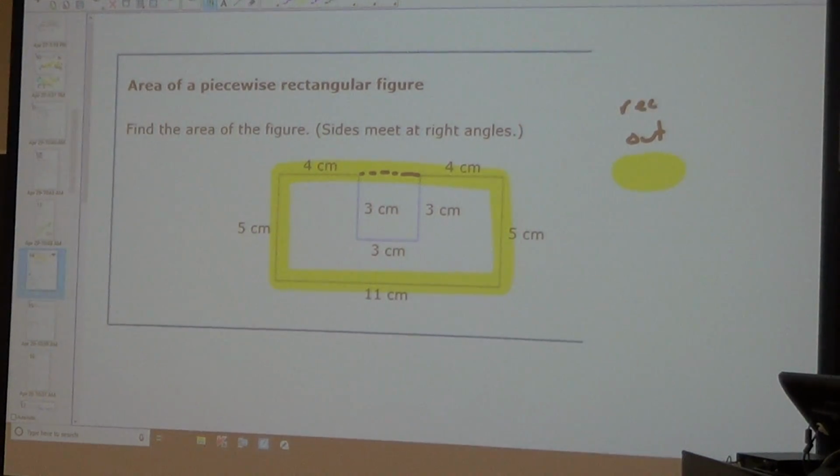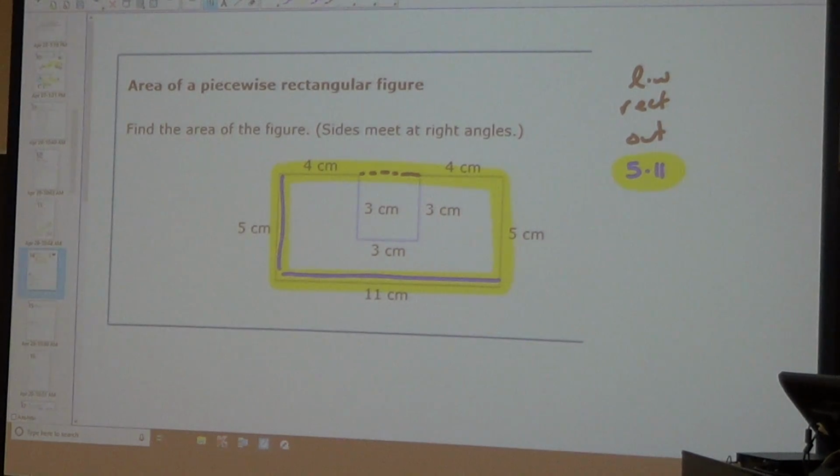And it's a rectangle, so I'm going to do length times width. What is the length and width of my outside shape? 5 and 11. Now 4 doesn't go all the way across. I need the whole height and the whole width. 4 is just a piece of it.